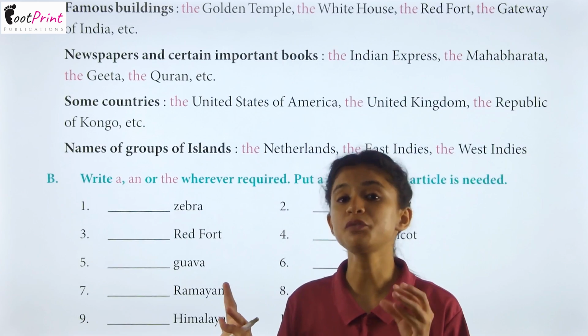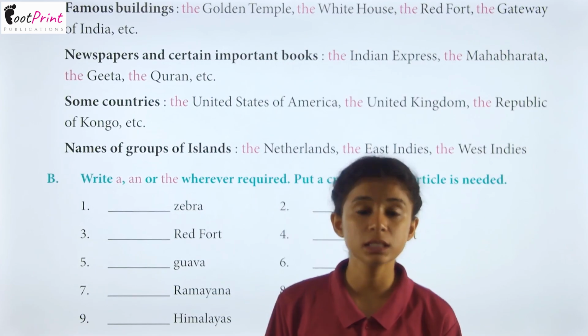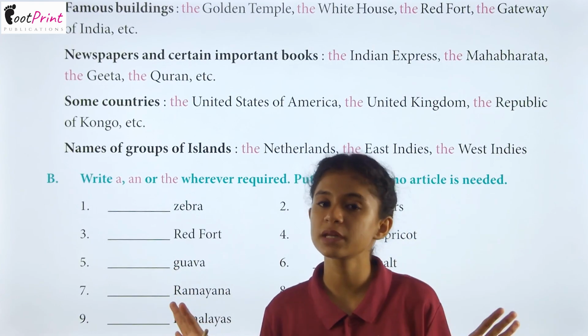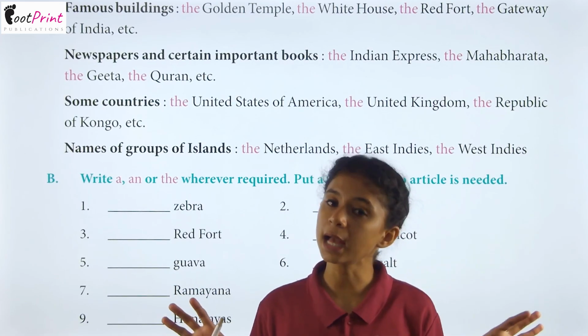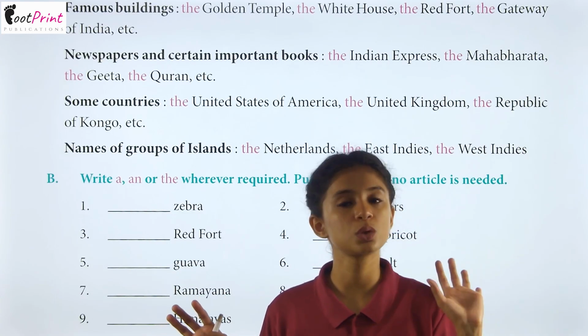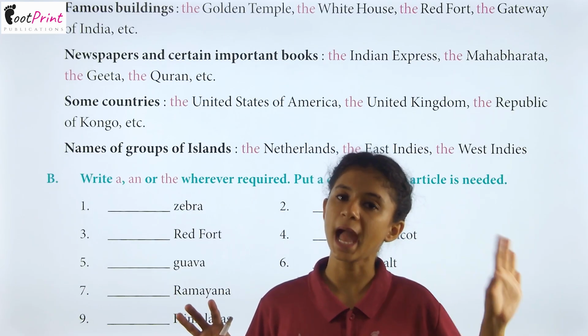So in this chapter we have learnt a very important topic, that is articles. They were divided into two categories, definite and indefinite. Indefinite articles are a and an, and the definite article is the. It is indefinite because we don't know the thing that we are talking about, so we use a and an with it.